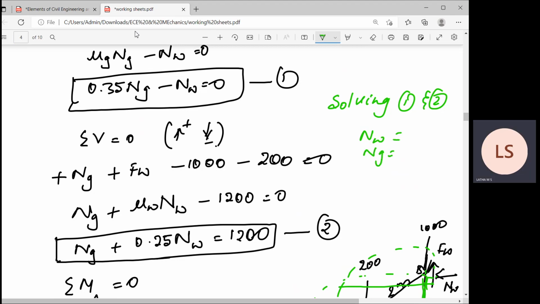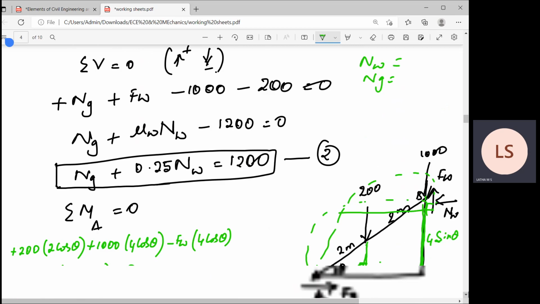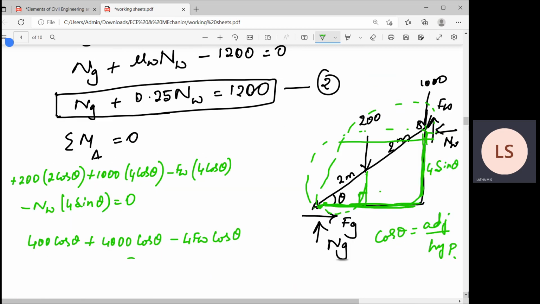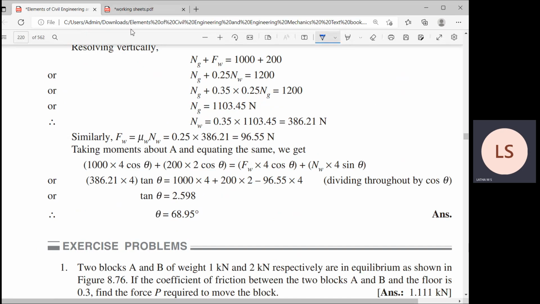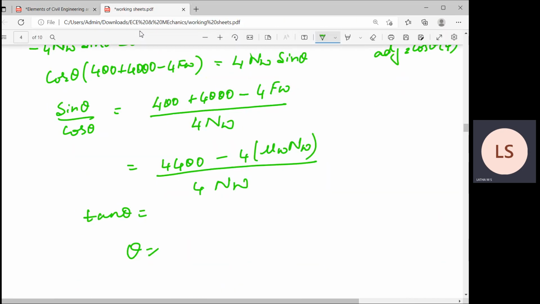Taking this value, substitute here in the unknown places and we get theta is equal to 68.95 degrees. So this is the angle. We have to place the ladder at this angle such that the slip of the ladder doesn't take place. Okay, students? With this, I'll end the session. Thank you all.